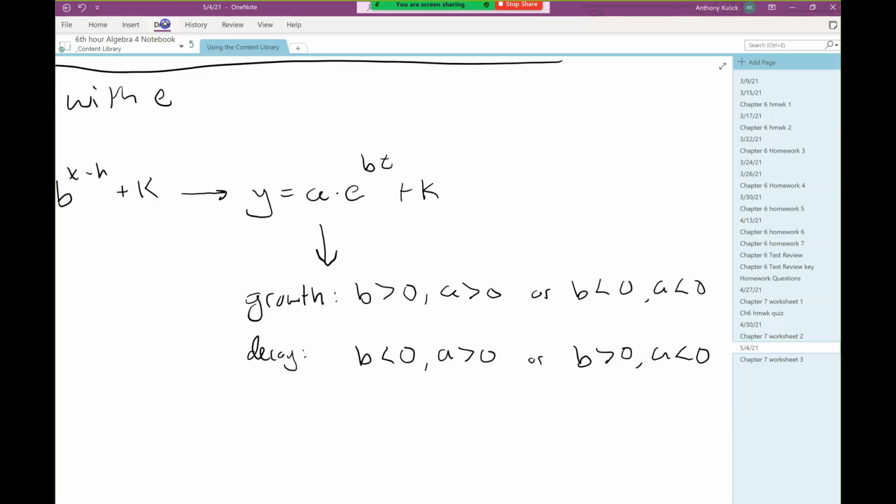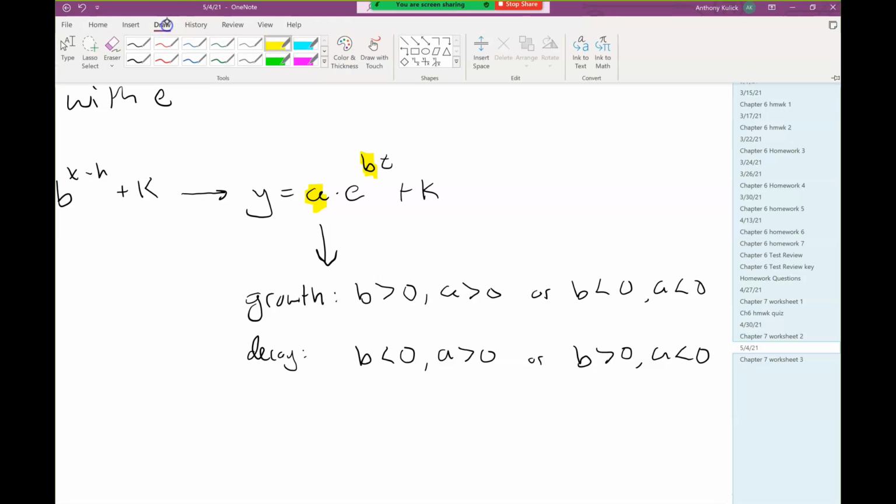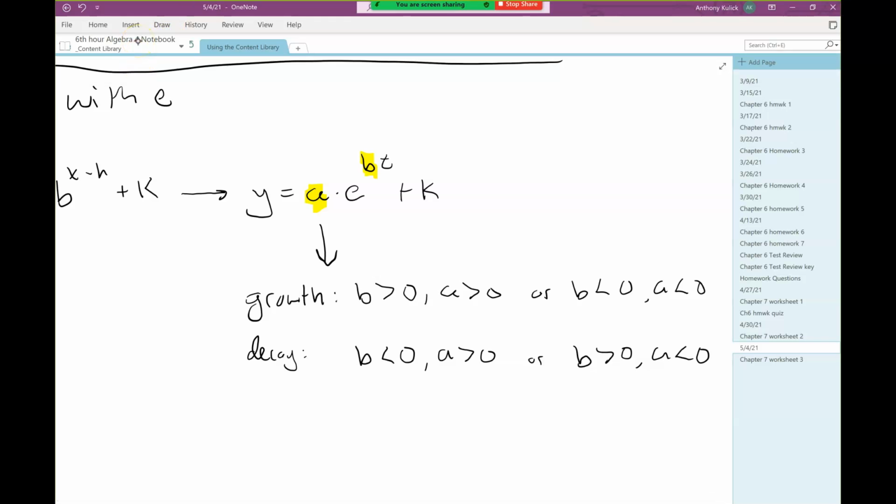This time, to determine whether we're talking growth or decay, we're looking at the coefficient and the exponent, and then the leading coefficient for the problem. Virtually everything else is going to be the same as what we did before.